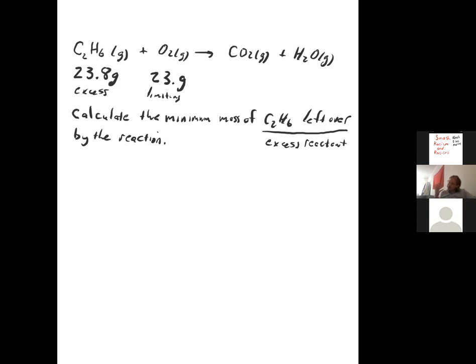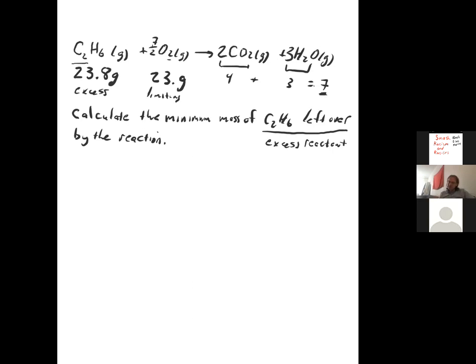So step 1, balance the equation. This one is a little trickier to balance. You got 2 carbons here, so you need 2 carbons on the right. You've got 6 hydrogens on the left, so you need a 3 here to make it 6 on the right. And then you got to do the oxygen. You're going to get a fraction, right? 2 times 2 is 4. 3 times 1 is 3, so you got 7 oxygens. So 7 halves, right? What you do is you say, look, this is 2. So you just take the number you get over here and divide it by 2.